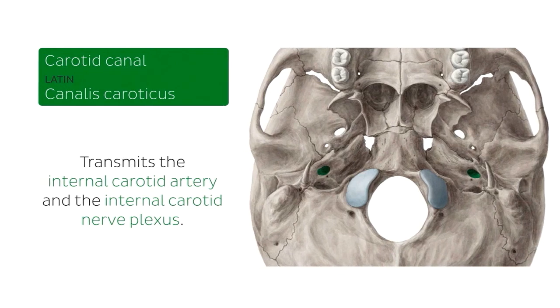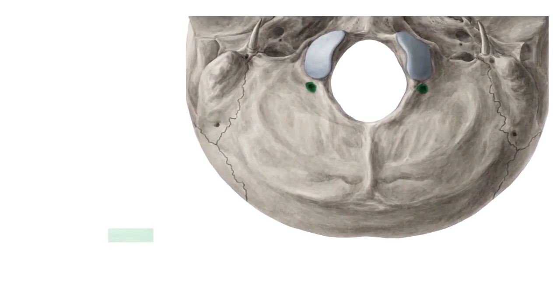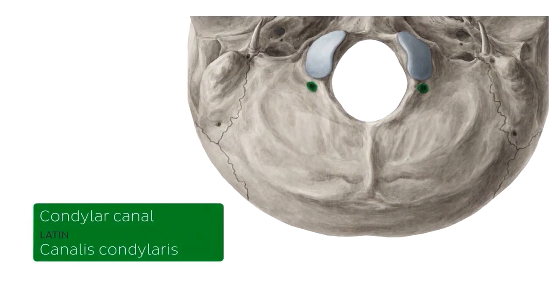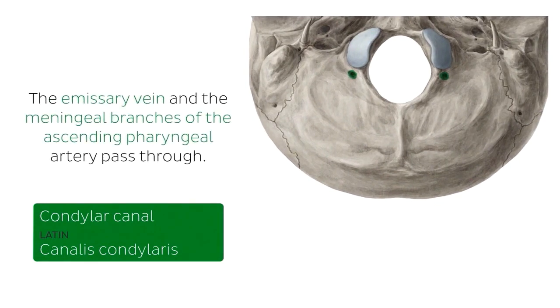The next set of structures are also two canals, and these are known as the condylar canals. They're found behind the occipital condyle, and the condylar canal is where the emissary vein and the meningeal branches of the ascending pharyngeal artery pass through.